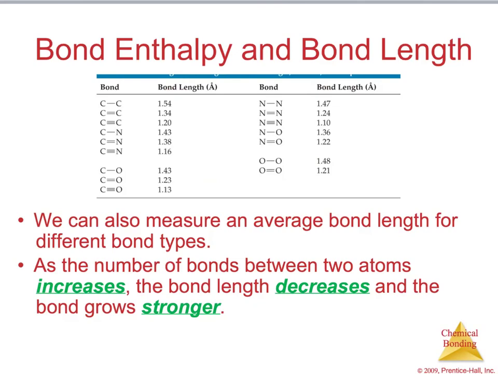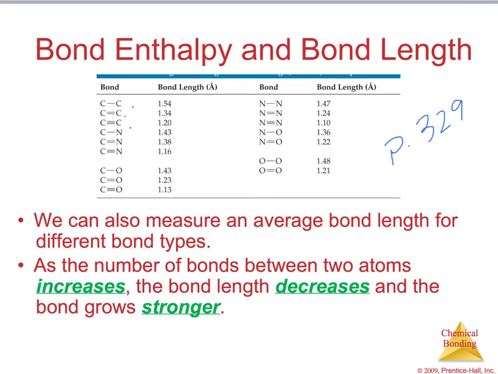Okay, and just like we are able to define an average bond enthalpy, we can also define an average bond length for some common bonds. Now this table here can actually be found on page 329. And what it does is it lists some average bond lengths. And the one thing I want you to take note of is when you look at the bond lengths between a single bond, a double bond, and a triple bond, you should notice that the length actually gets shorter.